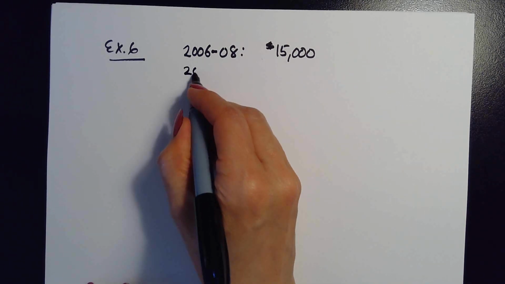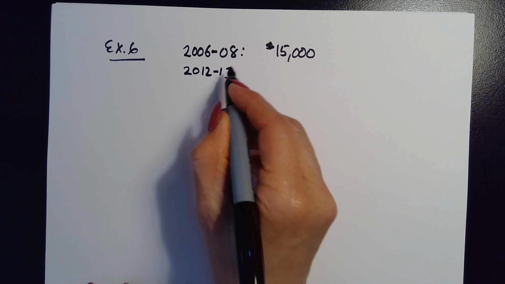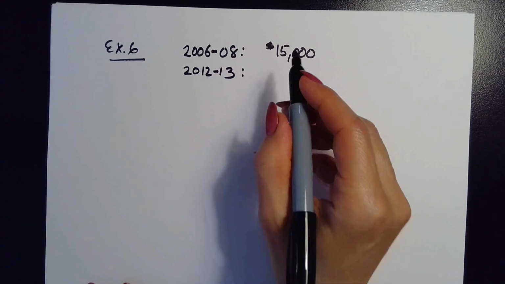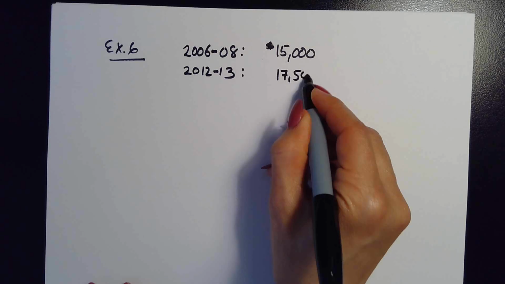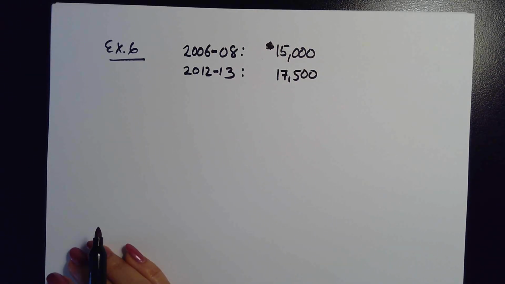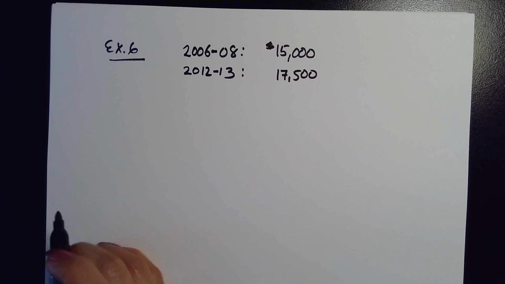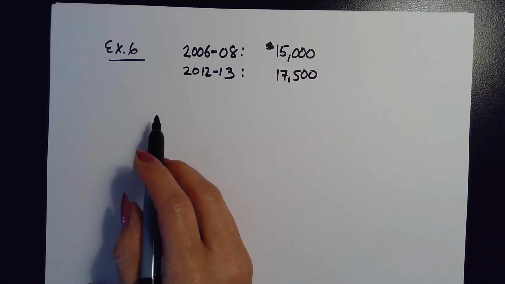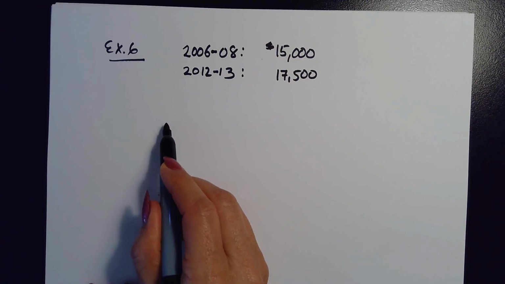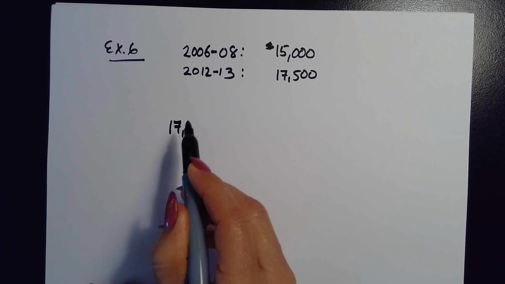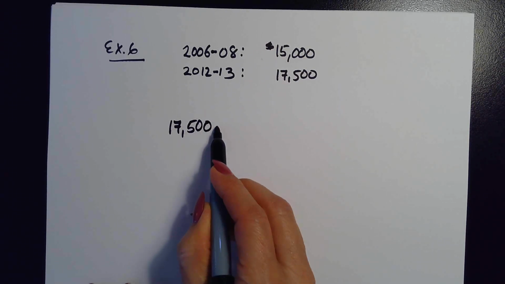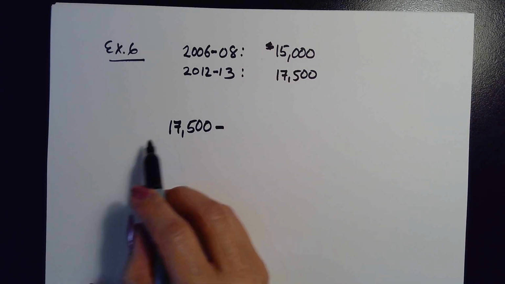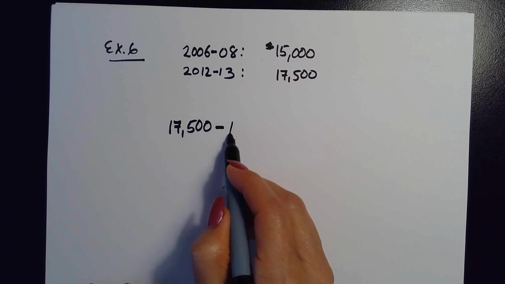And when you look at the year 2012-2013, this academic year, it was approximately 17,500. So we want to figure out the change in cost. The change is computed as follows. You take the new year, 17,500, minus the old academic year, 15,000.